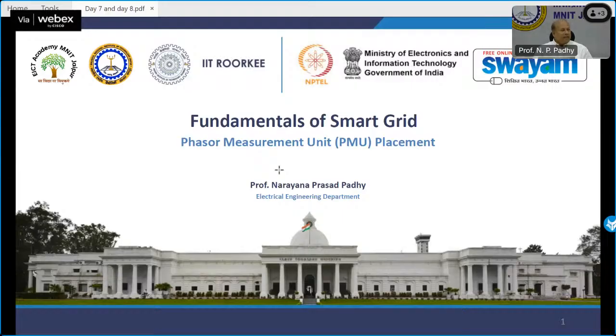The health of the distribution system can be monitored, and appropriate actions can be taken with the help of PMUs, because we cannot do everything manually. So we need a device which can help me get the health of the whole distribution system. Time stamping of each and every voltage signal at a distribution level is possible through the PMU.